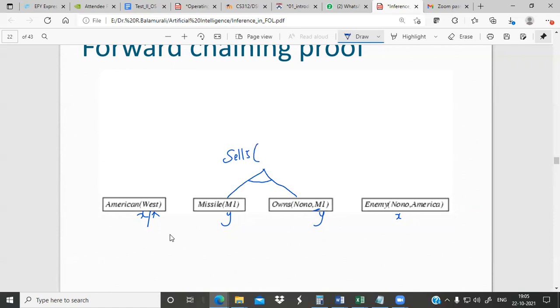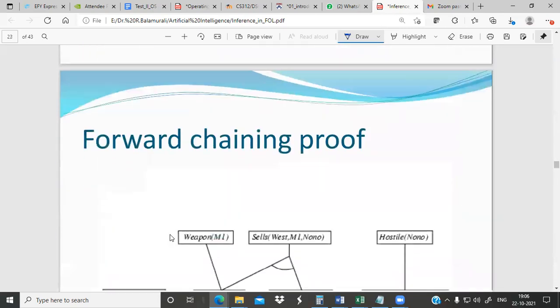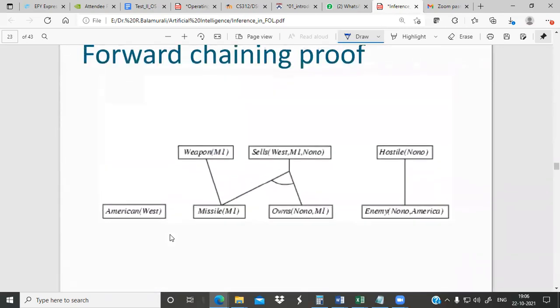Sells West comma Nono comma M1. Also, from missile we can infer that if something is a missile, then it is also a weapon. Missiles are nothing but weapons.